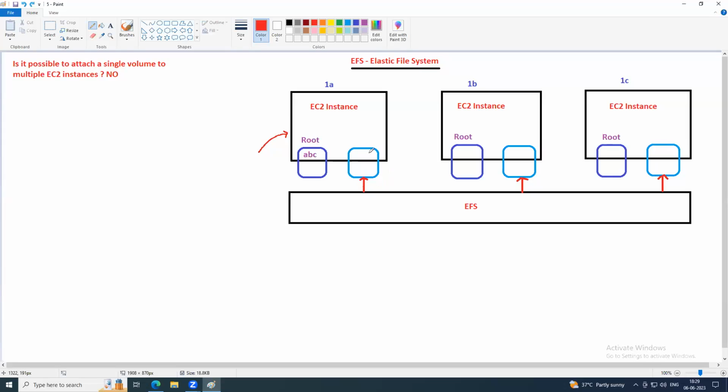That mount is this one. It's like a share. So you mount it here. Now whenever you log into the EC2 instance and go to this mount point and put some data called DEF or some file, that DEF will be indirectly saved here in EFS, correct?